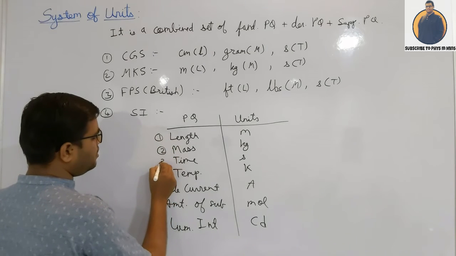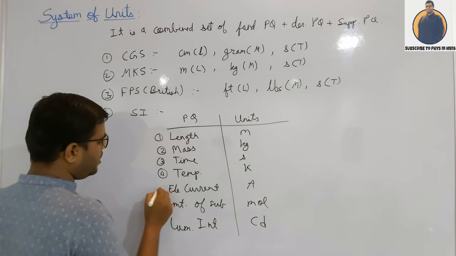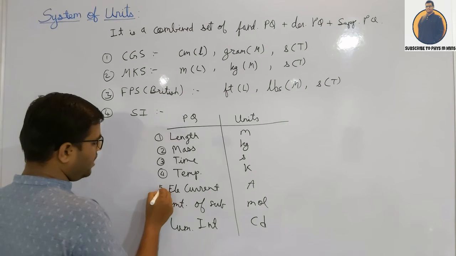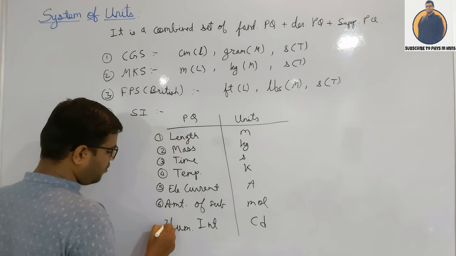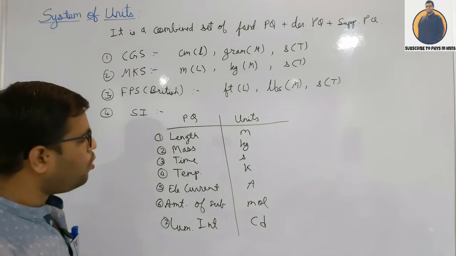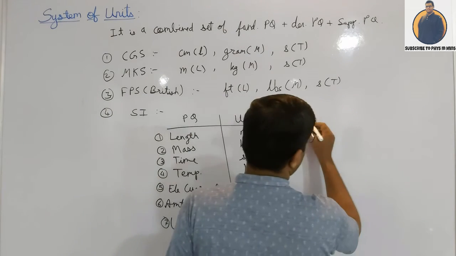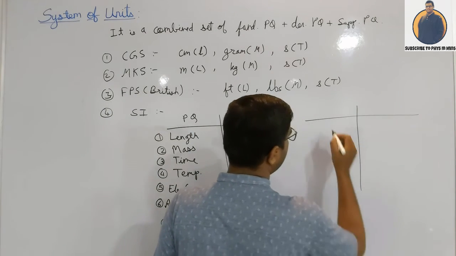So these are the 7 fundamental quantities which are used in the SI system, right? Apart from these 7, there are 2 more quantities which are known as the supplementary quantities.